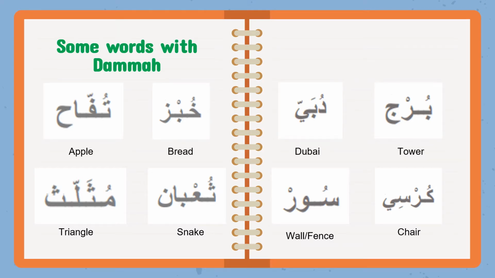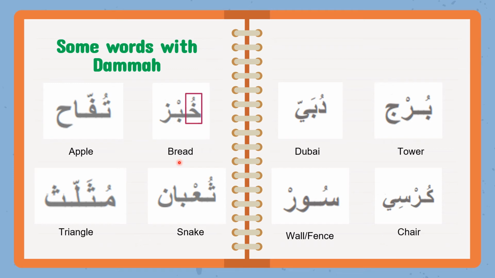Now let's look at some words with Dammah. Khubz. Khubz means bread. In this word, the first letter, kha, has Dammah on top of it, so it will be read as khu.